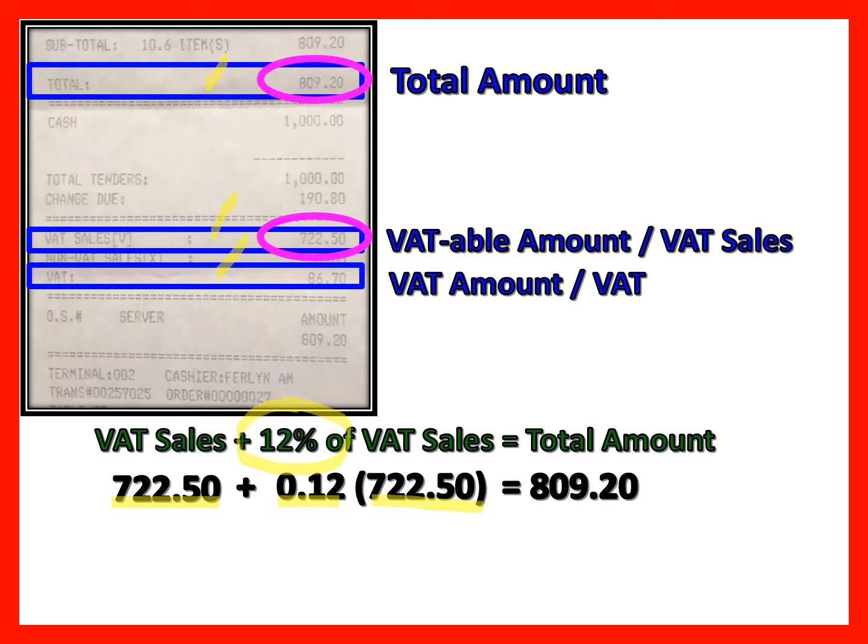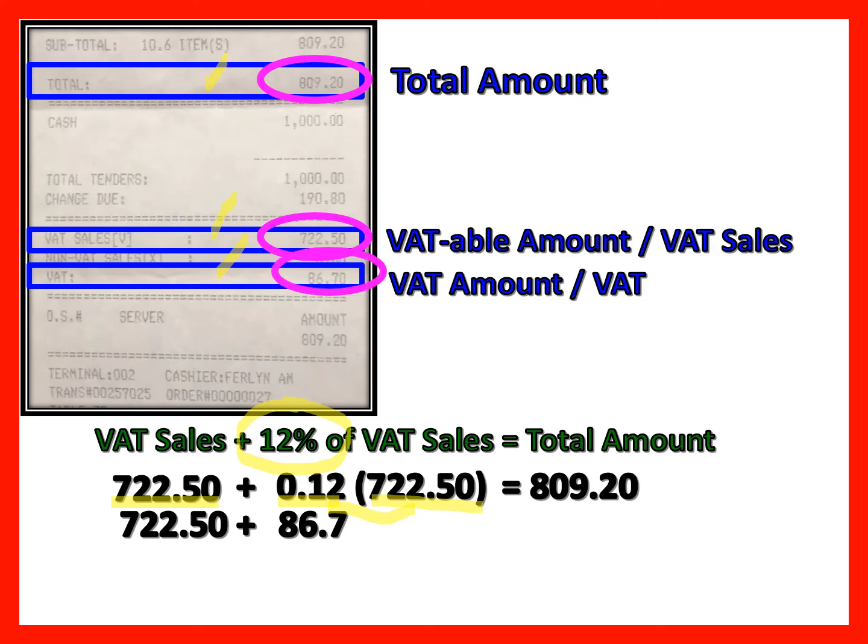It comes from here. So now, we can multiply this 12 hundredths and 722 pesos and 50 centavos, which will give us 86 pesos and 70 centavos.